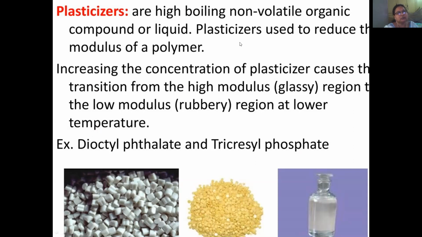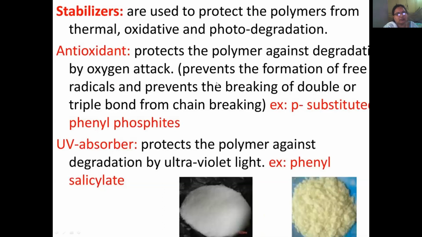If it is increased, then the glass transition temperature will be low. Examples are dialkyl phthalate and tricresyl phosphate. Then we have stabilizers, that is phenyl phosphites and phenyl salicylates, used as antioxidants and UV absorbers.